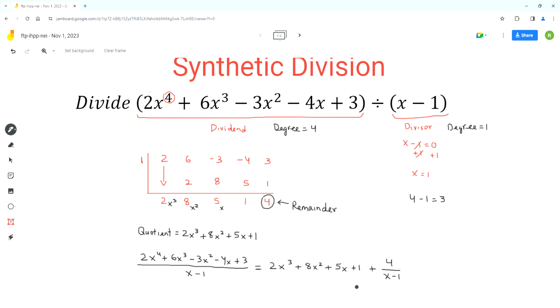So this is the division statement for this synthetic division.